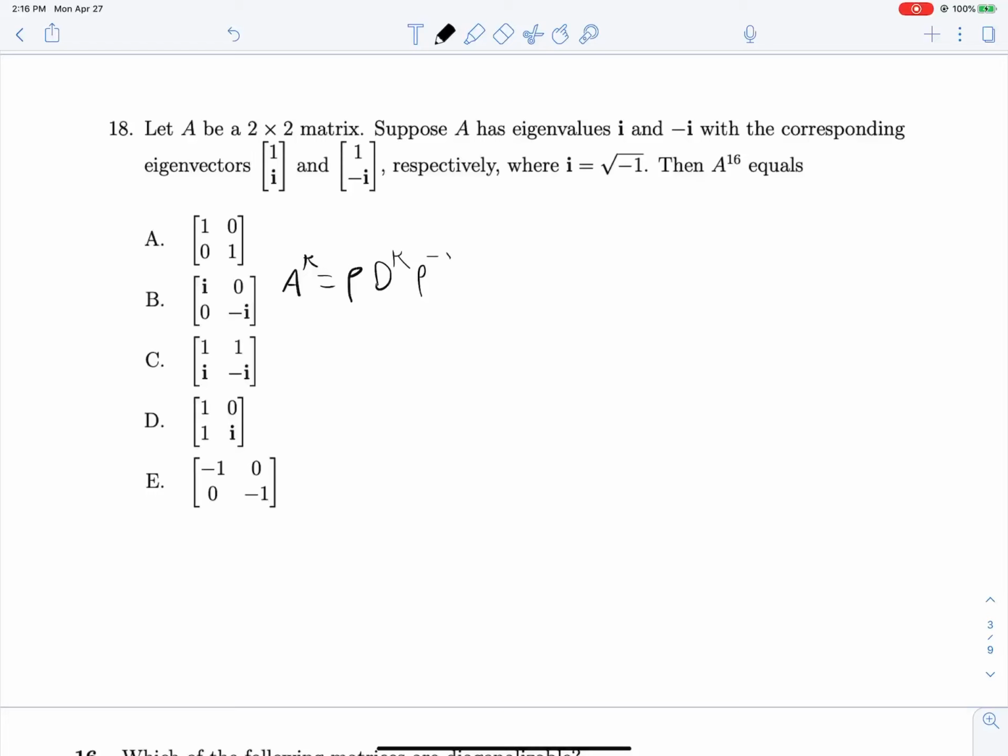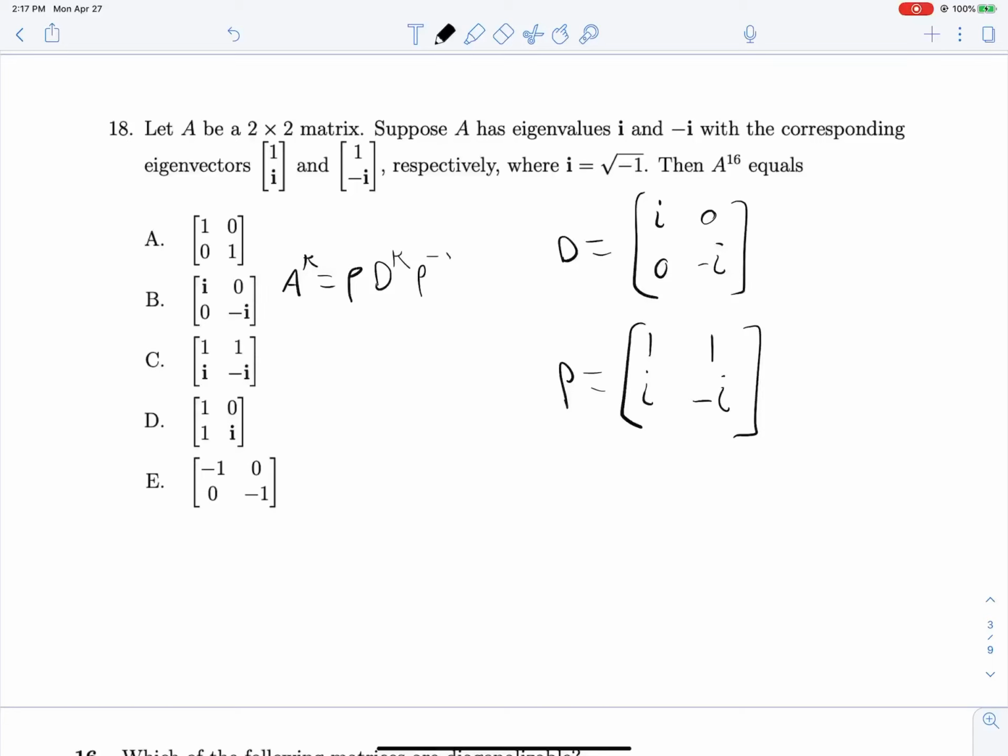The matrix D is just the eigenvalues on the main diagonal, so i, 0, 0, -i, and then P will be the corresponding eigenvectors for those eigenvalues, which we want to keep in the correct order, so we get 1, i, and 1, -i.